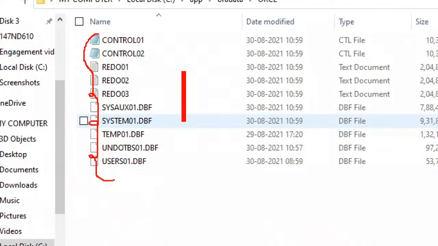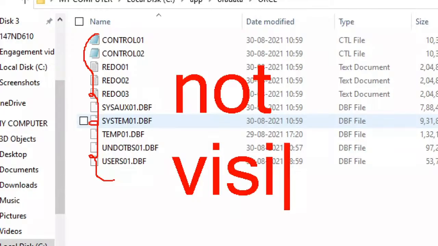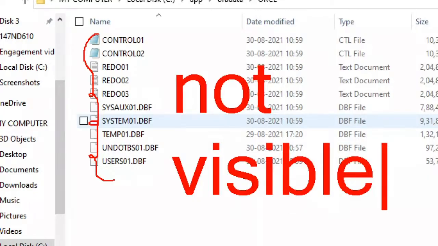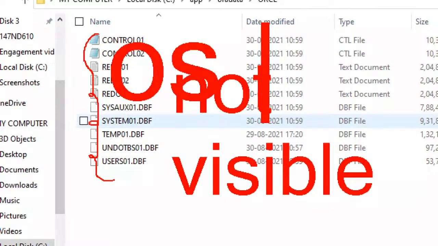But unfortunately, here, Z is a table I'm giving only. Is that table visible in the operating system or not visible? Very good. Not visible. You are observing or not? This is not visible. That's why a structure which is not visible in the operating system, the OS, is called a logical structure.